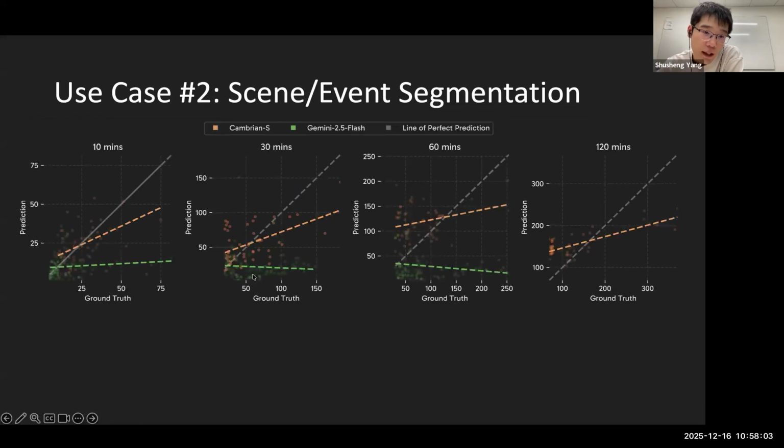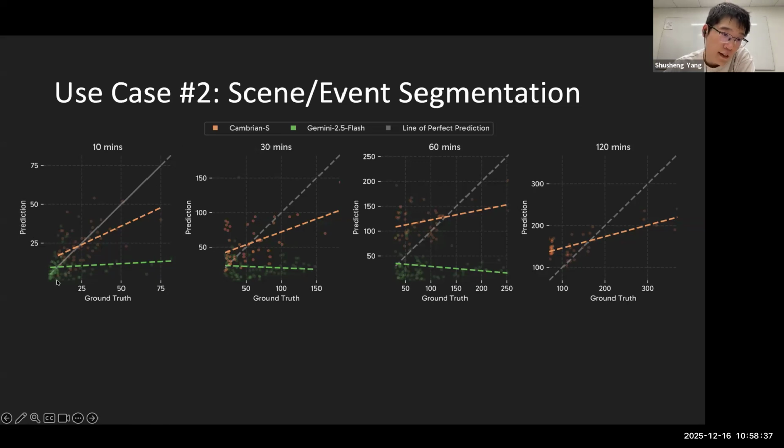And if we compare the output distribution of our Cambrian-S model with Gemini 2.5 Flash, every point here means one prediction from the model, the x-axis means the ground truth, and the y-axis means the predictions.